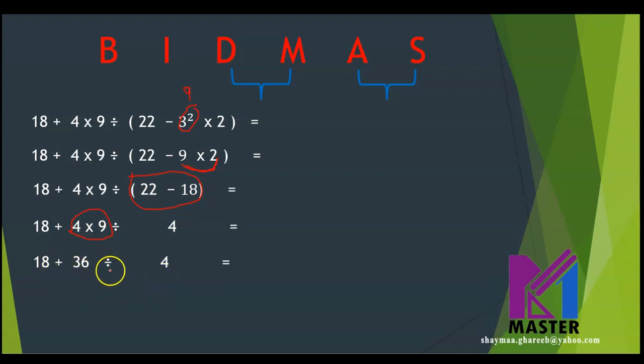Now I have addition and division. So what should I do? I will do the division. So 36 divided by 4 equals 9. So the final answer will be 18 plus 9, which is, what do you think? Yes, 27. So the final answer is 27. Is this clear?